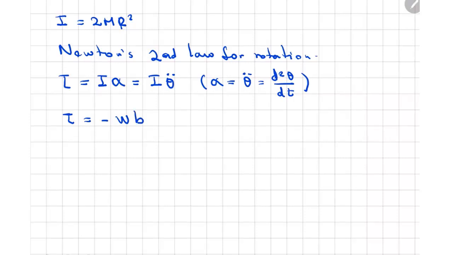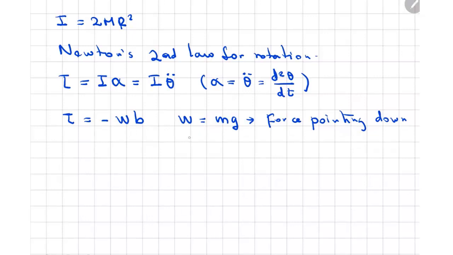multiplying b. What is W? W is the weight of the loop, and it is going to be the mass multiplying the gravity, m g. It is pointing downwards.